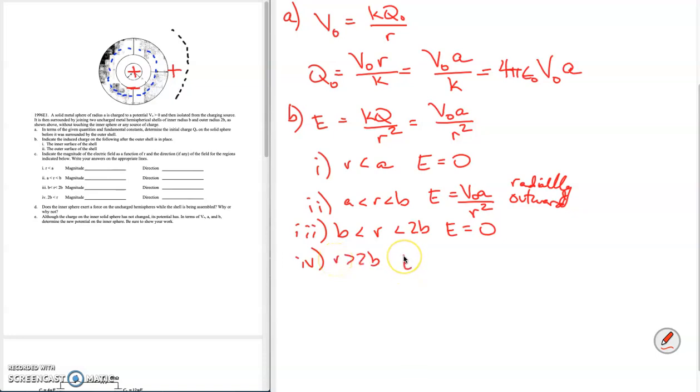The electric field, again, is going to be kq over r squared, in this case V naught a over r squared again. And again, it will be radially outward. Naturally, if the electric field is 0, there is no direction.